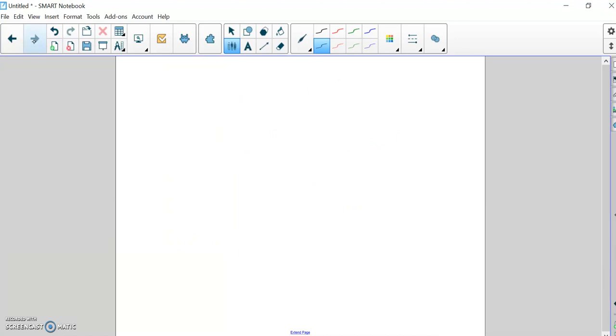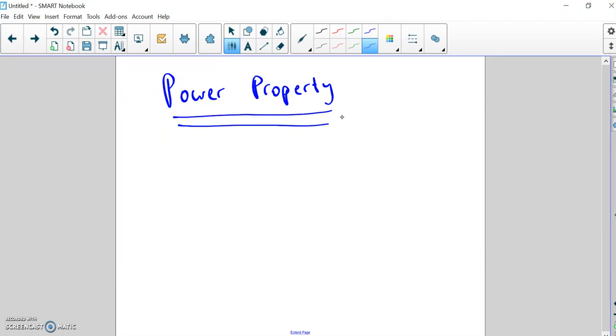Okay? And then the final of the easier properties is something called the power property. And the power property, it's easier for me to write it down. Here's what it looks like.